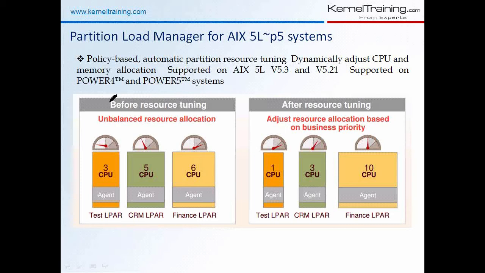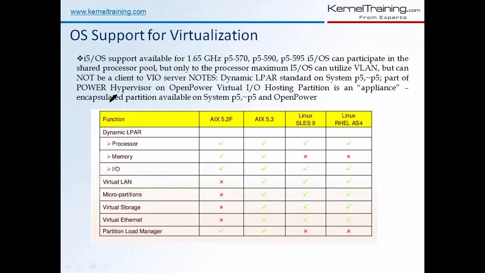With the help of PLM, you can perform automatic partition resource tuning. It will dynamically adjust the CPU as per the memory load. Support is available for 1.66 GHz, P560, P570, P590, P595, and i5 OS can participate in the shared processor pool. What is the shared processor pool?